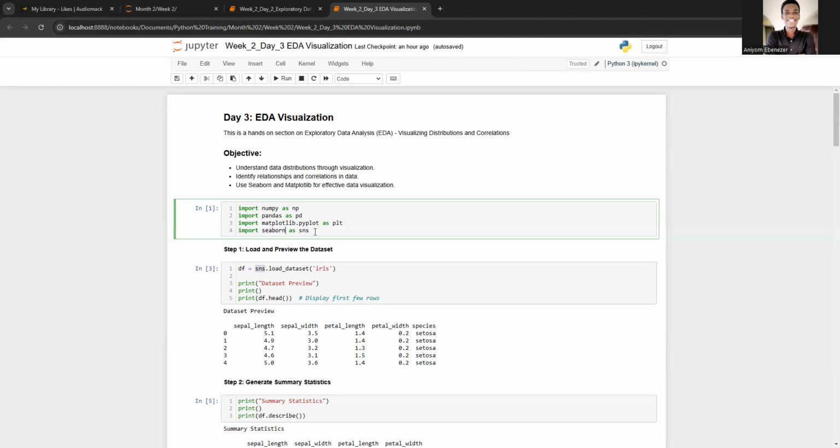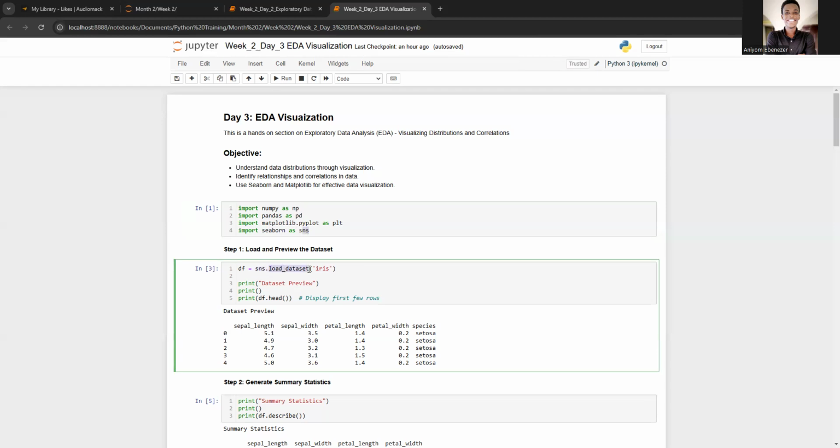Remember we imported Seaborn here as sns. So I can say sns.load_dataset. Mind you, I don't have this data set on my local device, so this data set is on sns. That's why it's saying sns.load_dataset, open bracket, with iris being the data set name.